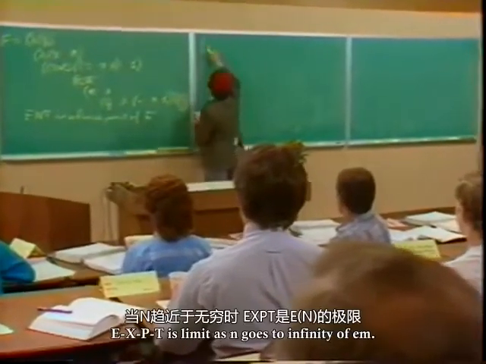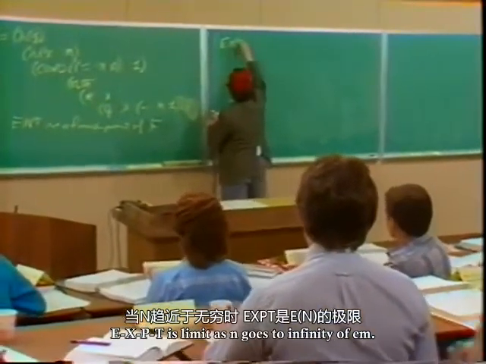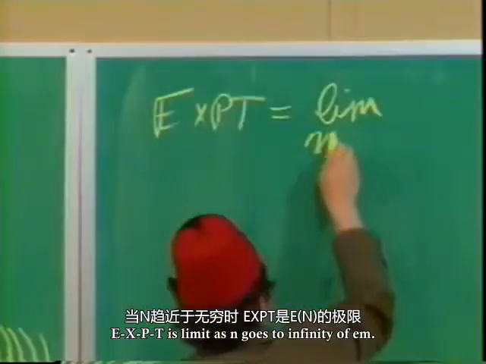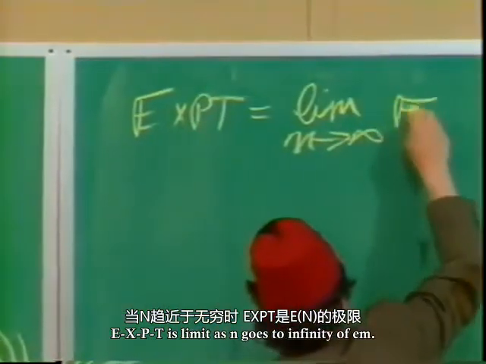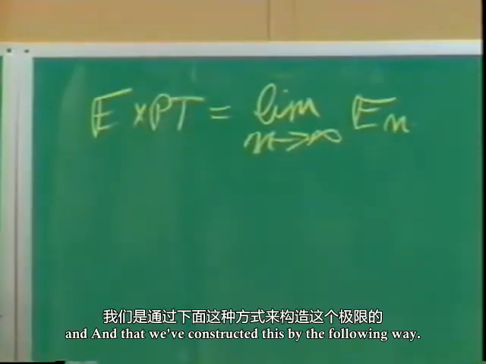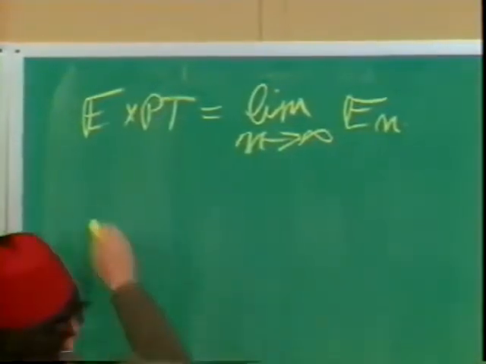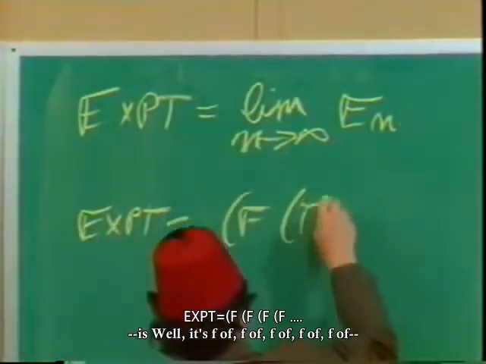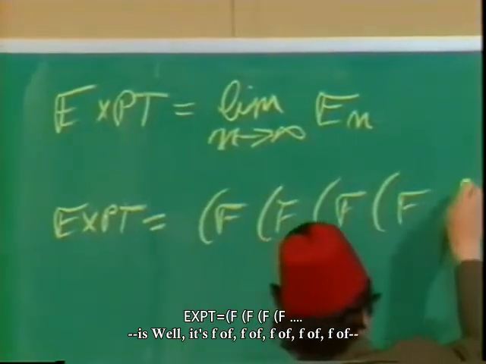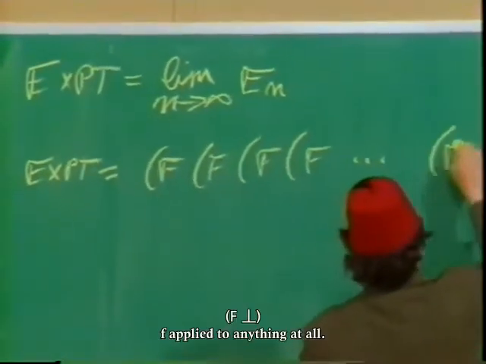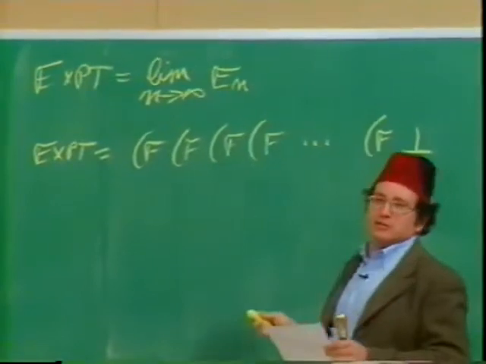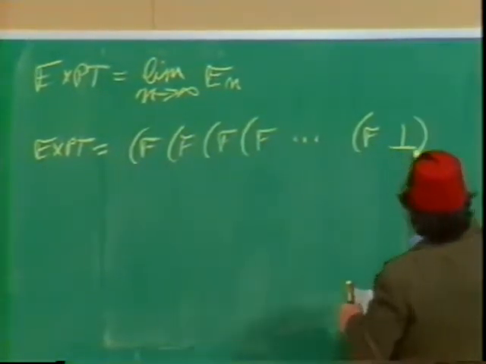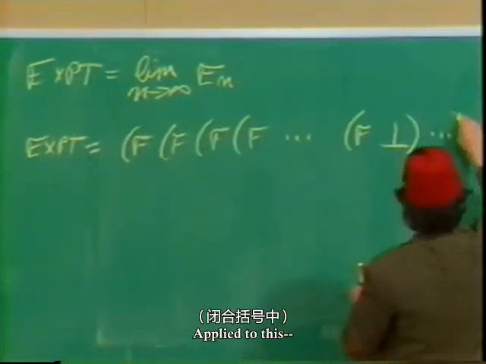But the assertion is EXPT is the limit as n goes to infinity of En. And that we've constructed this in the following way. Well, it's f of f of f of f of f applied to anything at all. It didn't matter what that was, because in fact this always produces an error, applied to this.